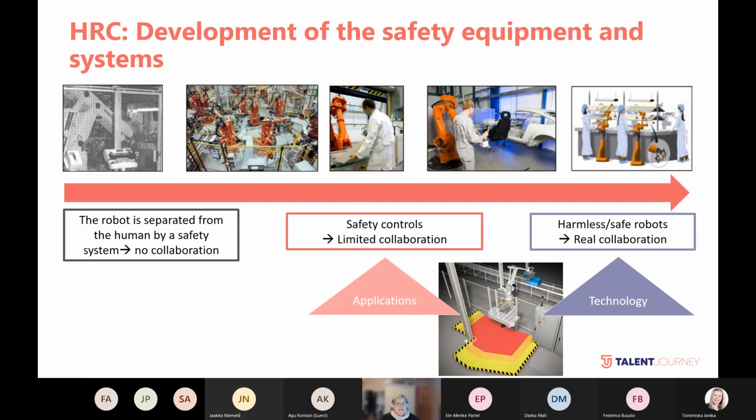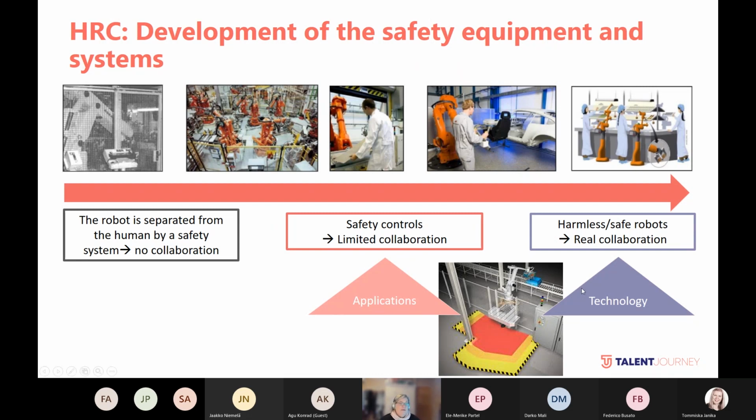If the human then still has to pop into the red area, the robot will stop completely when the safety mat announces that the human has entered its working space. And the robot restarts again when the human leaves the red area and comes to the orange area. The robot is working with less power and less speed. But then when I come back here to the green area, the robot is working normally.